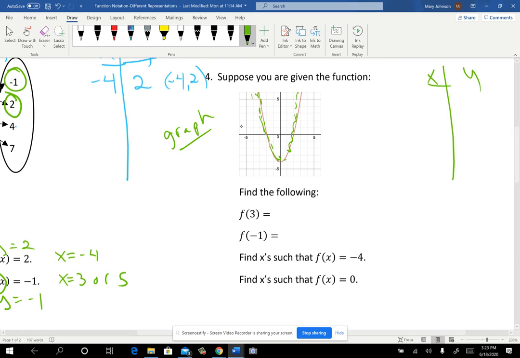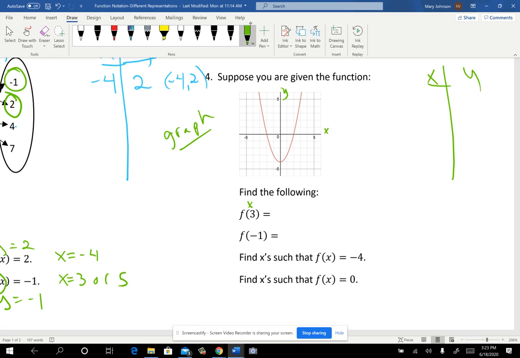All right, so when I'm asked for f of 3, 3 is my x, and I'm being asked what's the y matched up with that. So watch this. Let me get rid of the marks on here. So x is 3. Remember, this is your x-axis here. This is your y-axis.